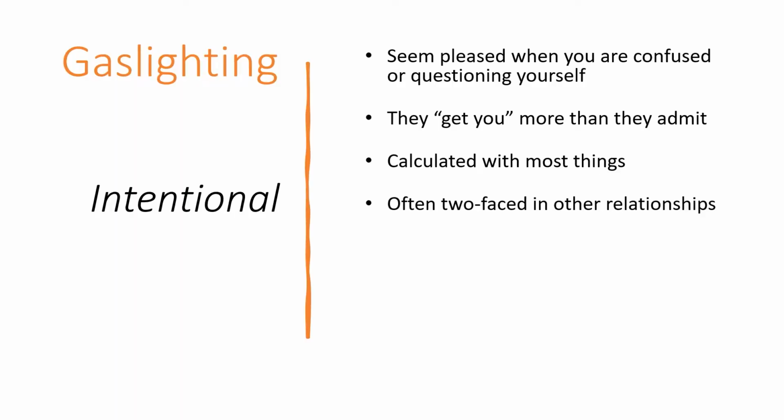Another one is that they're often two-faced in other relationships. This is similarly connected to that calculated idea. You'll notice as they interact with other people that sometimes they'll put on one face in one interaction when they're face to face with this person. And then after you leave the party or the event or the social interaction, they'll be driving home with you, and they'll let on that they feel very differently about that person than what they showed that person to their face, right?